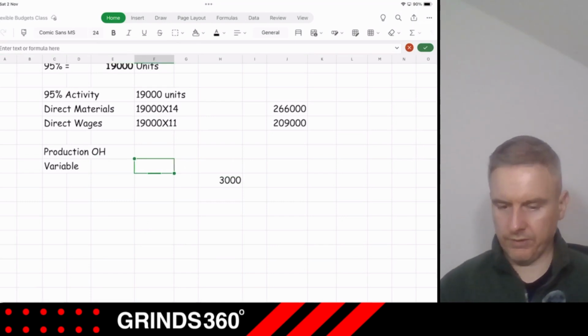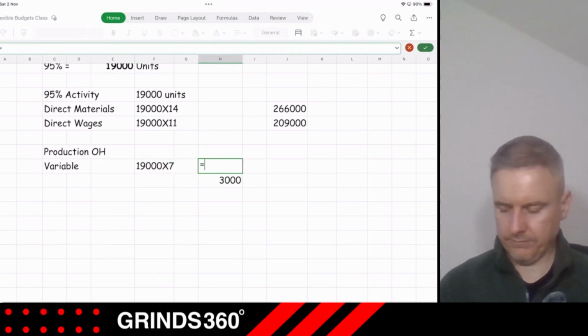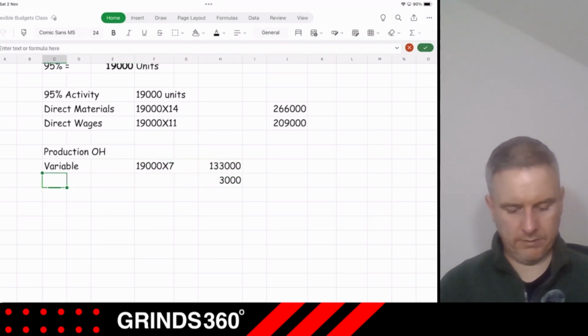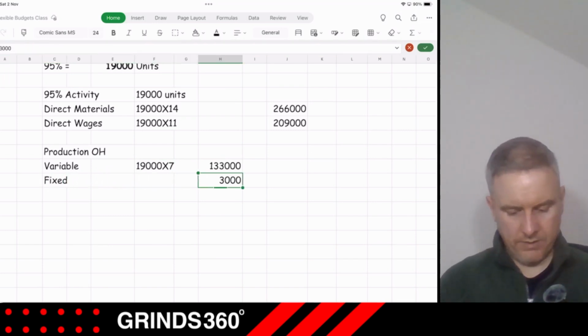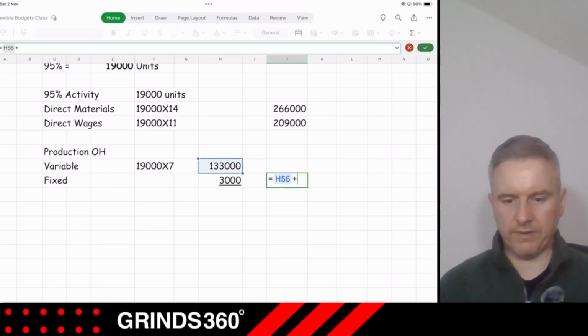So €7 per unit, so 19,000 times 7. And then the fixed is 3. Just putting that out as a total then, so you're 133 plus the 3.